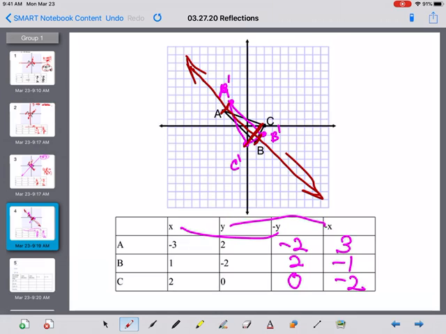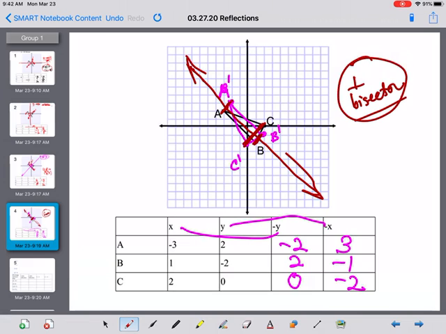But what kind of line is that as it relates to these segments that connect corresponding points? If you said perpendicular bisector, you would be correct. So we'll talk about that another day, but that's an important piece. The mirror line, or the line of reflection, is the perpendicular bisector of the segments connecting corresponding vertices.